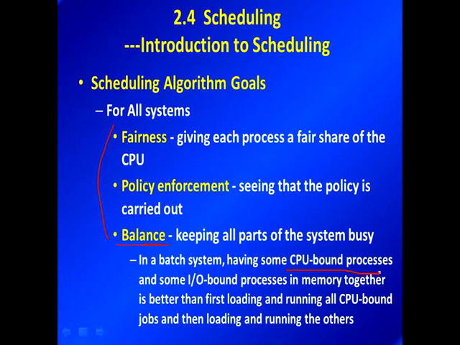I just explained this, meaning the difference between CPU bound processes and IO bound processes. You can see if the system has both kinds of processes, and if we schedule them in a reasonable way, the CPU and the I/O devices can be used most of the time, right?